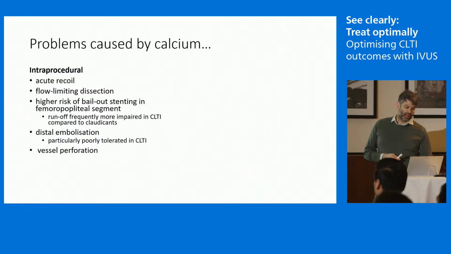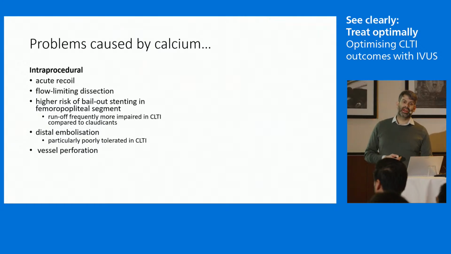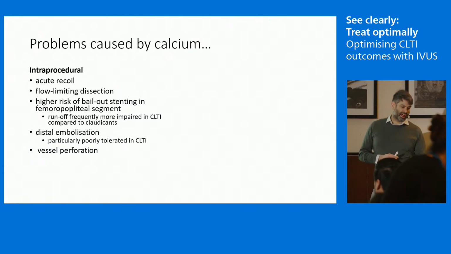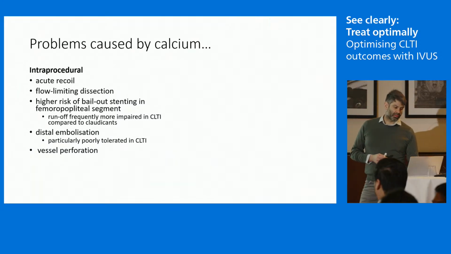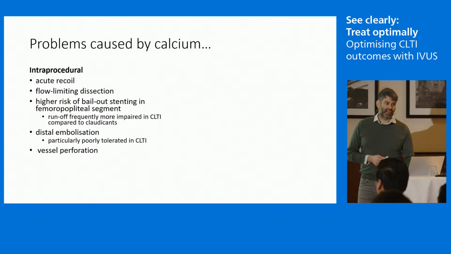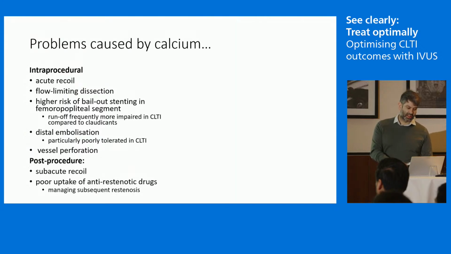So we end up being forced into situations where we have to stent in calcified lesions in the FemPop segment, where we don't really want to, and we know that the conditions for that stent to live long are not really there. Calcium can also bring risk of distal embolization, and in CLTI again, this is particularly poorly tolerated because, as we said, these patients have an impaired tibial runoff anyway. They may only have one functioning tibial artery going into the foot, and if that embolizes, then obviously you have a problem. And then finally, vessel perforation is rare, but again can happen, particularly in the setting of heavily calcified lesions.